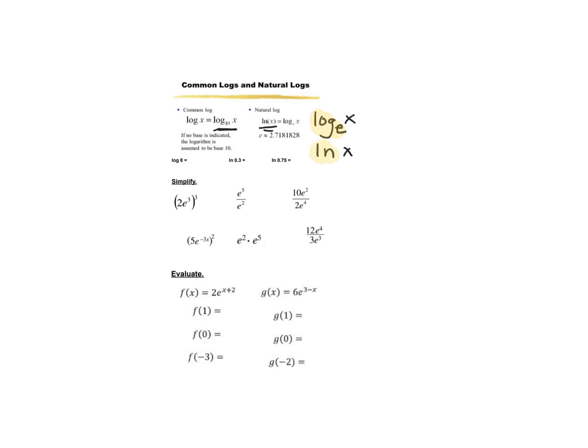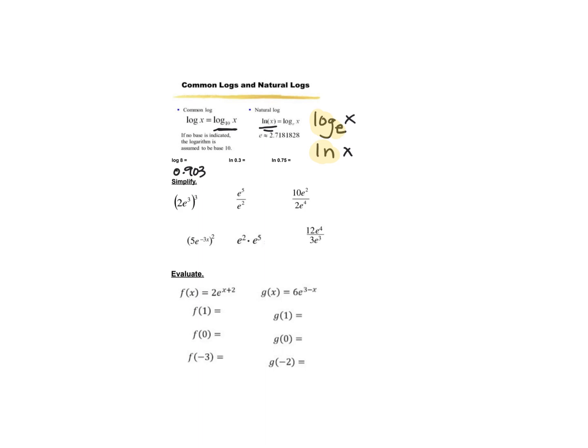Okay, so let's use our calculators and let's calculate. This is now our common log, log base 10 of x. We'll use our calculator and hit log 8. And what do you get here is 0.903. When you use your calculator to find the natural log, there's a button right underneath log.